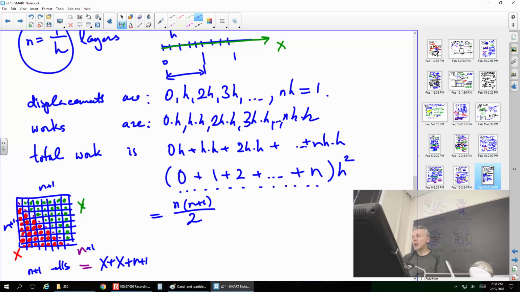Okay, so h squared, and let me see what happens here. So n is equal to 1 over h, so it will be 1 over h times 1 over h plus 1 times h squared, over 2.